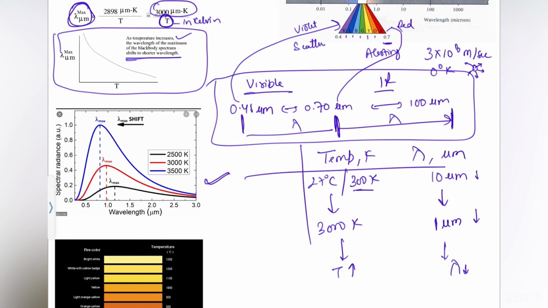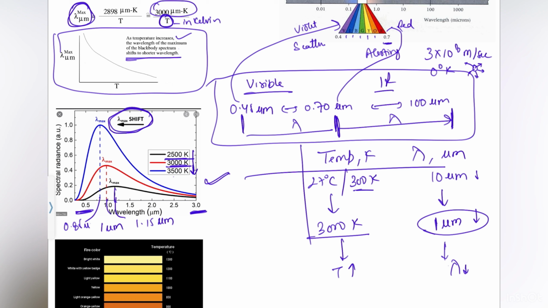This is another chart showing the shifting of lambda max from higher wavelength to lower wavelength as the temperature increases. At 2500 Kelvin, lambda is somewhere around 1.15 micrometer. At 3000 Kelvin, as we already calculated, it is 1 micrometer, and at 3500 Kelvin it is somewhere around 0.85 micrometer.